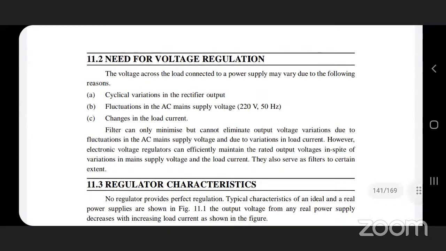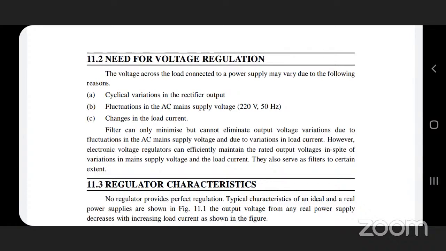Why do you need voltage regulation here? There are cyclic variations in the rectifier output, fluctuations in the AC main supply, 220 to 240 volts at a frequency of 50 hertz, and changes in the load current.